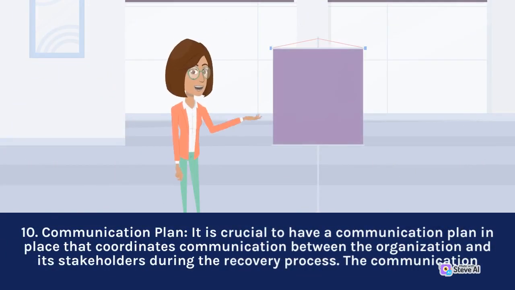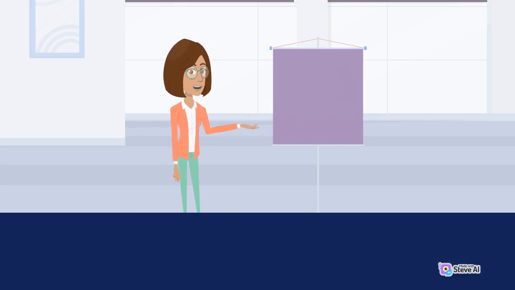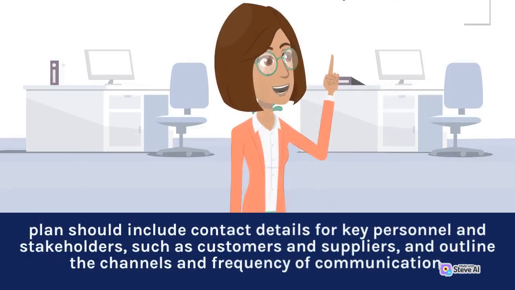Communication plan. It is crucial to have a communication plan in place that coordinates communication between the organization and its stakeholders during the recovery process. The communication plan should include contact details for key personnel and stakeholders, such as customers and suppliers, and outline the channels and frequency of communication.